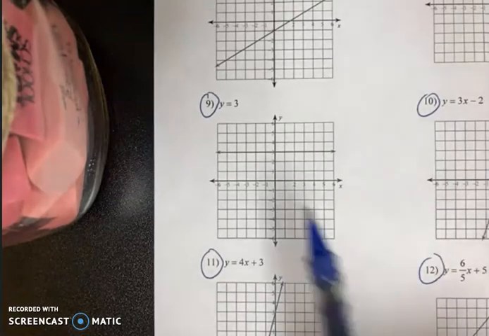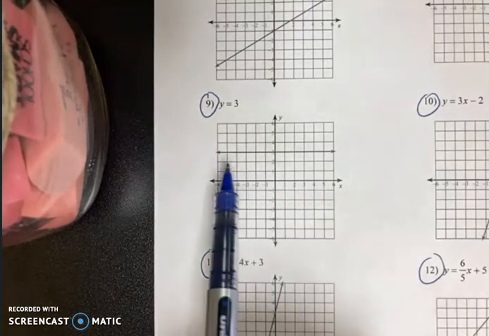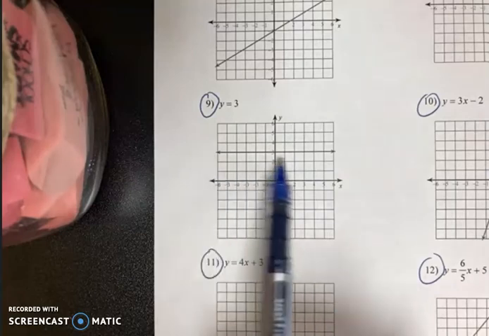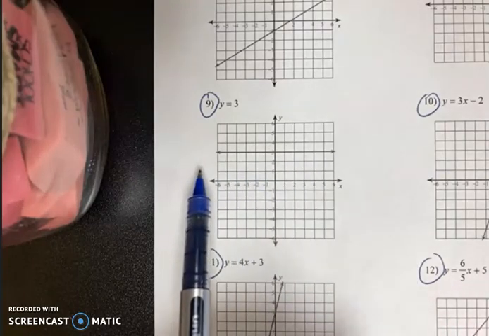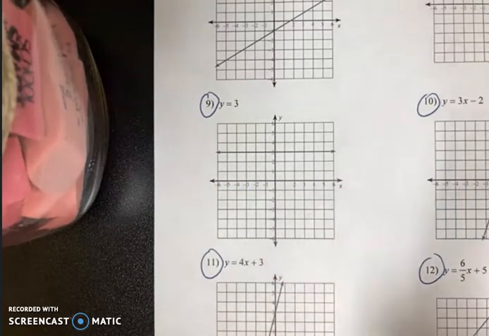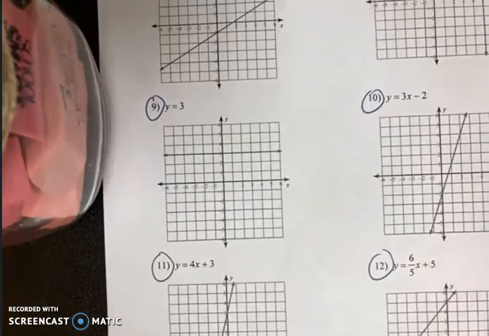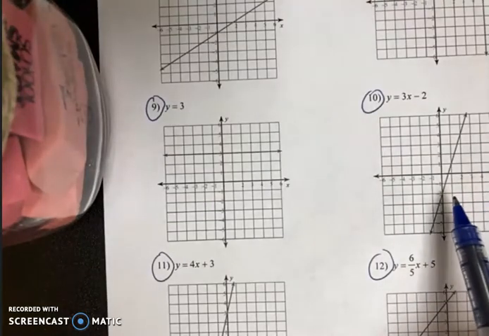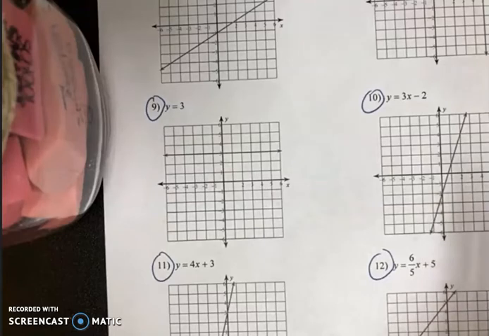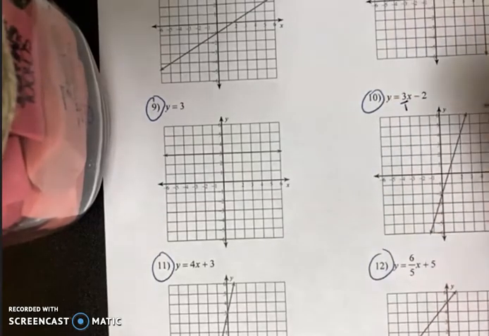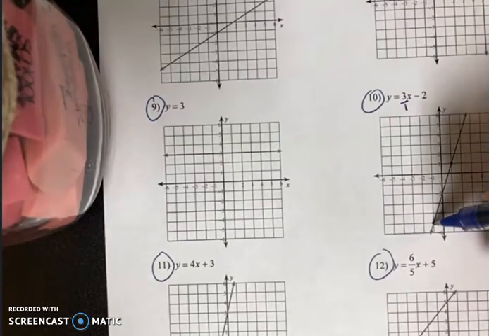Number 9, we had y equals 3, so you should have put a horizontal line that passes through 3 on the y-axis. Number 10, you can see that there's a y-intercept at -2. Your slope was 3 over 1, so you should have gone up 3, right 1, or down 3, left 1.